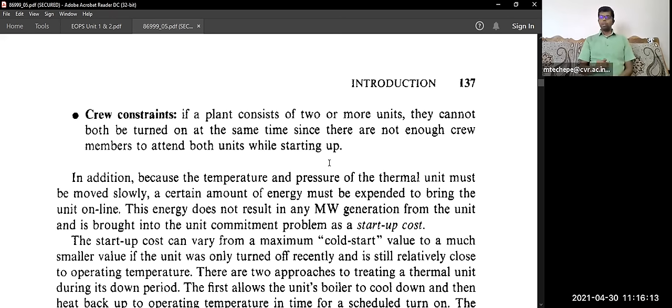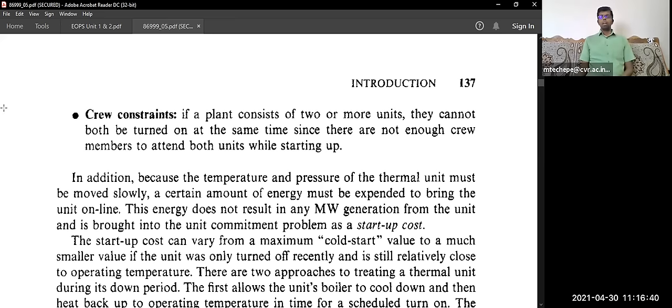They start one unit, and after it comes into operation, after 2 hours, slowly they move on to the second generating unit. But some employees remain to monitor the first generating unit: the pressure, the steam temperature, everything is monitored.